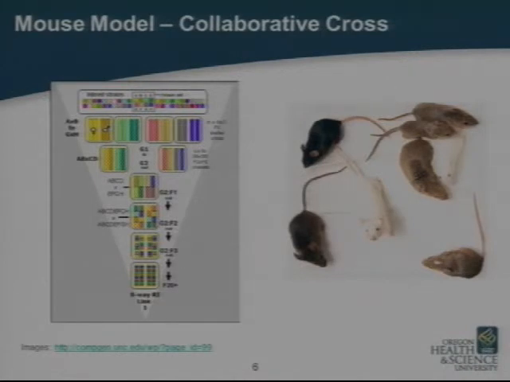They've allowed for identification of several genetic factors so far, but unfortunately don't accurately represent the genetic diversity found in an outbred human population. In order to combat this, the recently developed collaborative cross makes use of 8 parental strains that are outbred in a controlled manner in order to more accurately represent human genetic diversity while still maintaining quite a bit of the reproducibility that was the hallmark of the inbred lines.